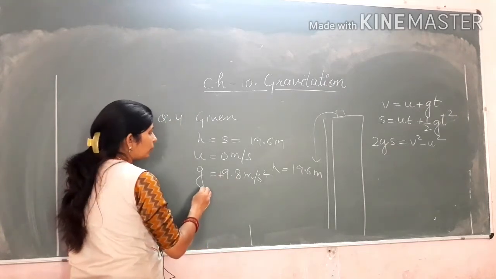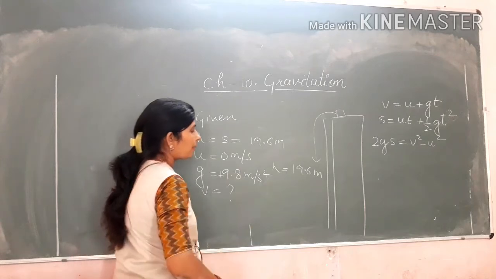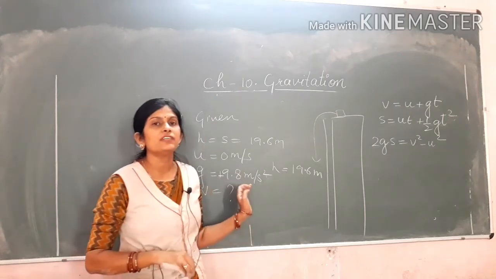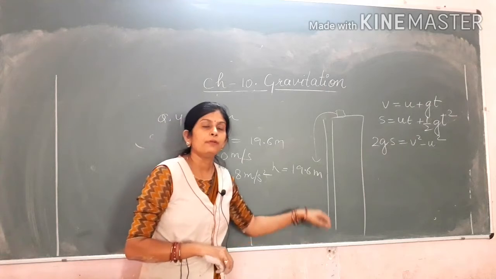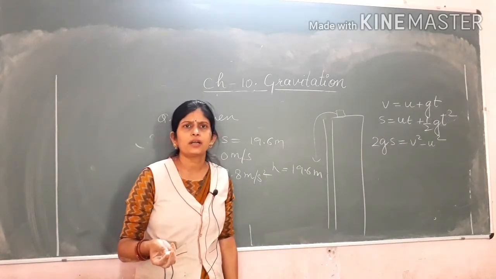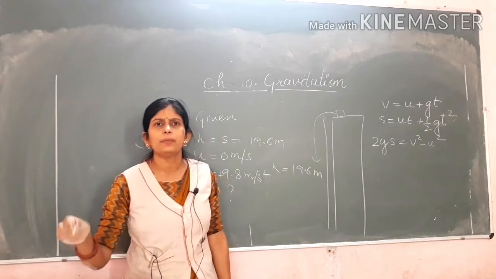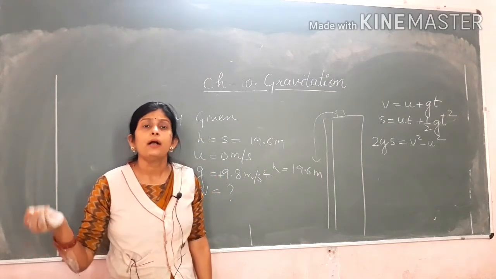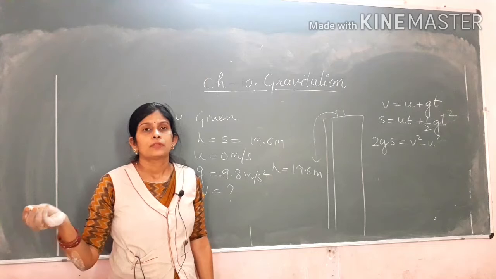Now we have to calculate the final velocity of this stone before touching the ground, because when it touches the ground obviously its velocity will be 0 meter per second.